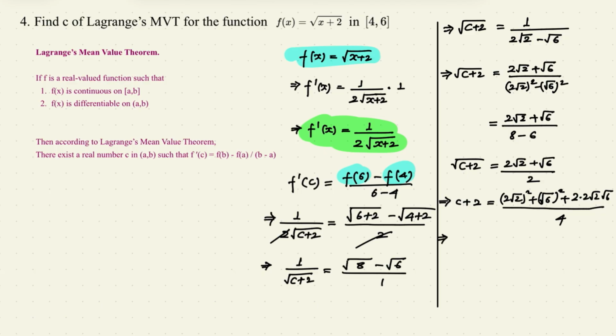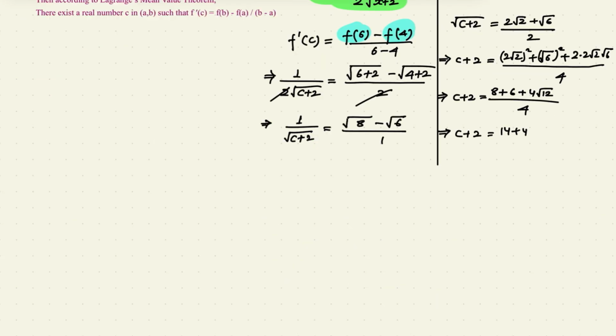So this implies c plus 2 equals 8 plus 6 plus 4 root 12 divided by 4. So this implies c plus 2 equals 14 plus square root of 12, which is 2 root 3, by 4.